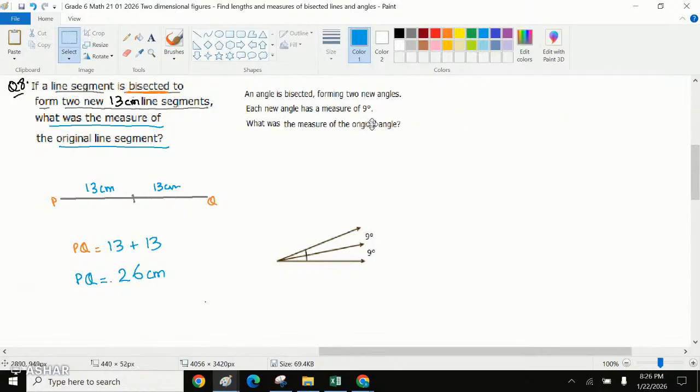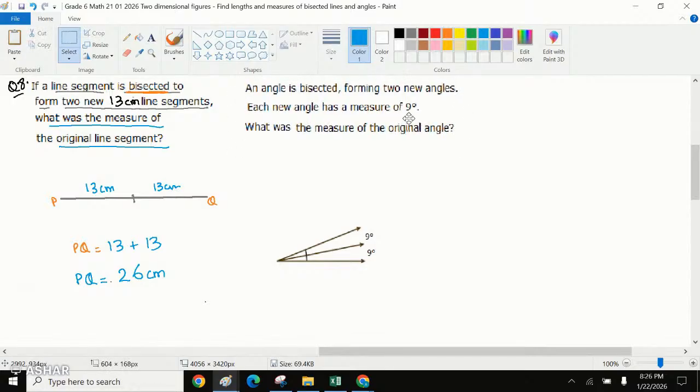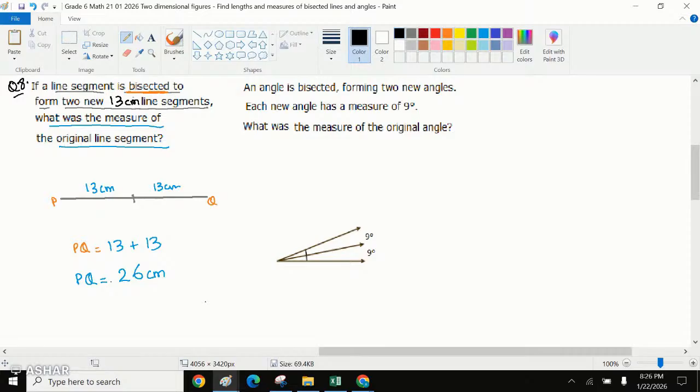For this particular question, in question number 9, they're saying an angle is bisected to form two new angles. Each new angle has a measure of 9 degrees.